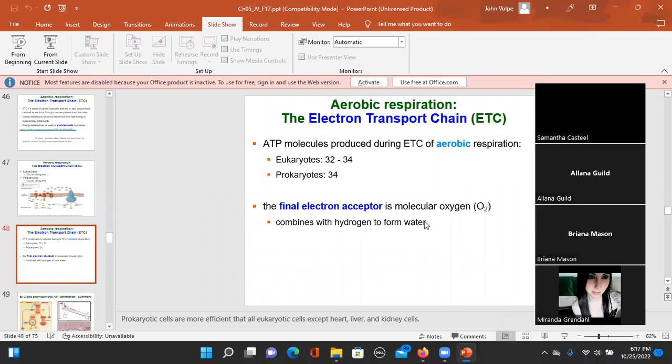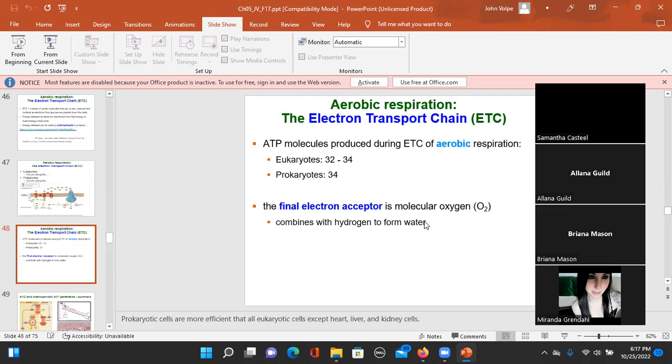The ATP being produced in the electron transport chain, or the ETC, of aerobic respiration, for prokaryotes, it's 34 molecules of ATP per molecule of glucose. For eukaryotes, it's between 32 and 34 molecules of ATP.